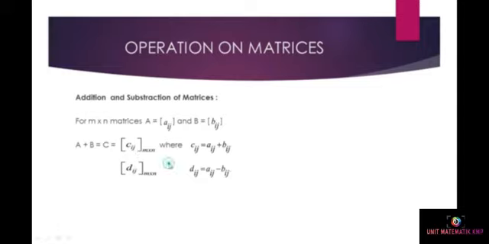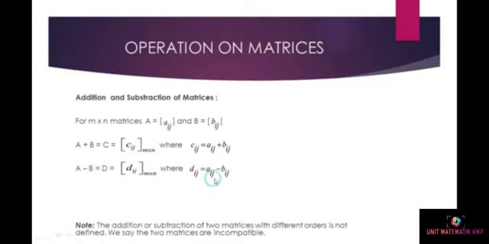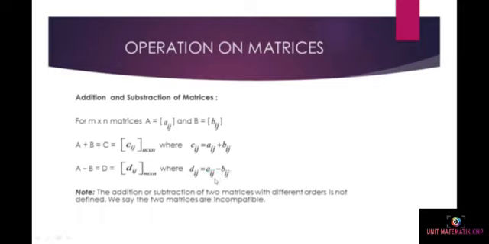A minus B equals D, matrix Dij, where Dij is Aij minus Bij. Note, the addition or subtraction of two matrices with different orders is not defined. We say the two matrices are incompatible.